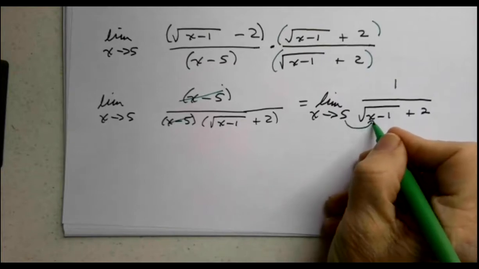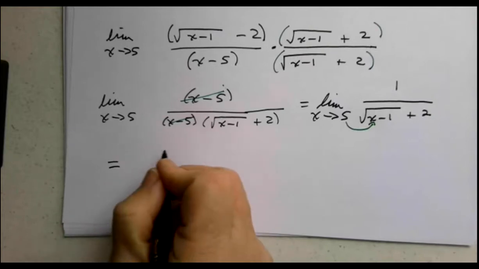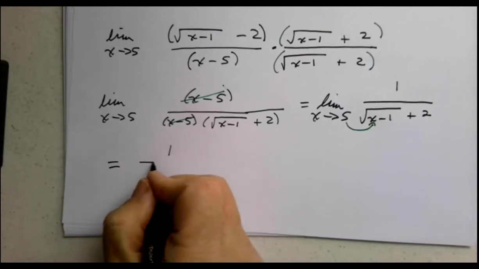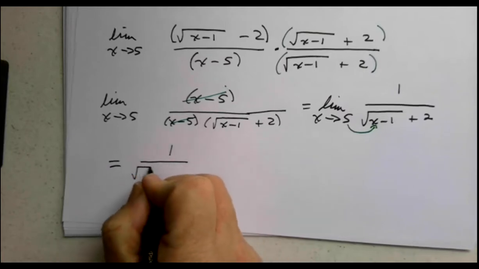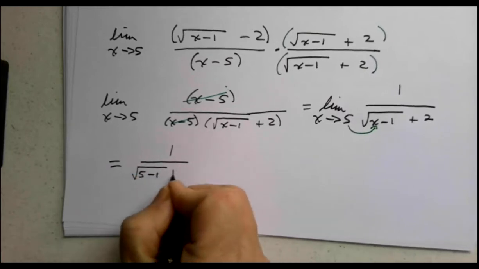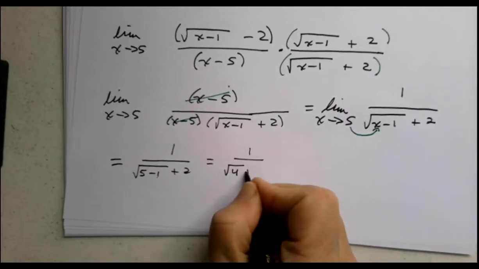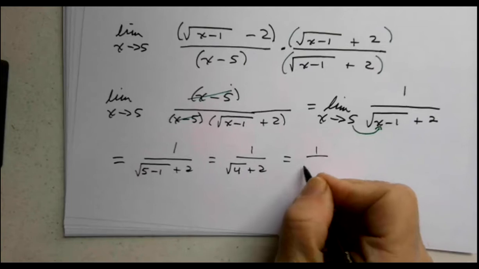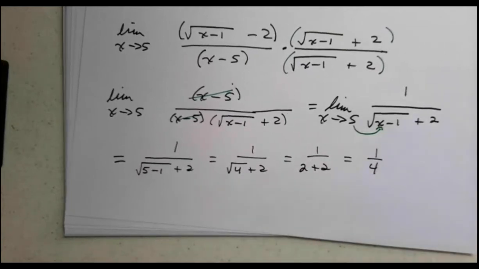5 goes in for x. We're going to try to plug it in and see if we get a value, which is 1 over the square root of 5 minus 1 plus 2. Which is 1 over root 4 plus 2, which is 1 over 2 plus 2, which is 1/4.